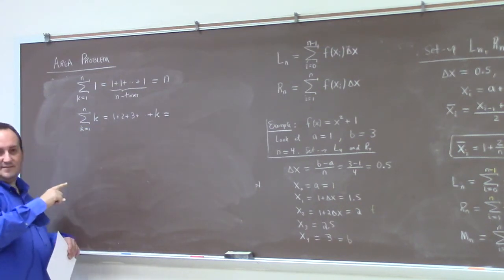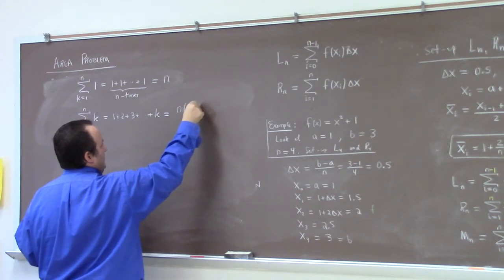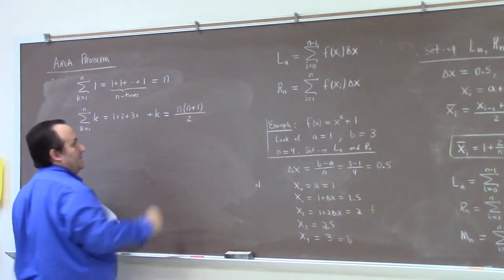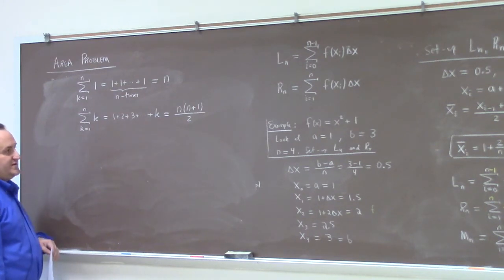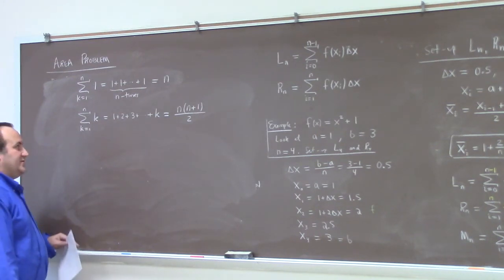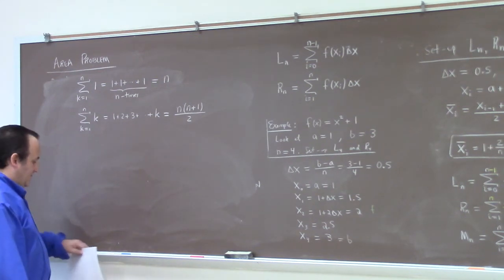This is less obvious, but it is n times n plus 1 over 2. Gauss knew this formula as a child. There's a famous story that his teacher asked all the children to add the numbers from 1 to 100.